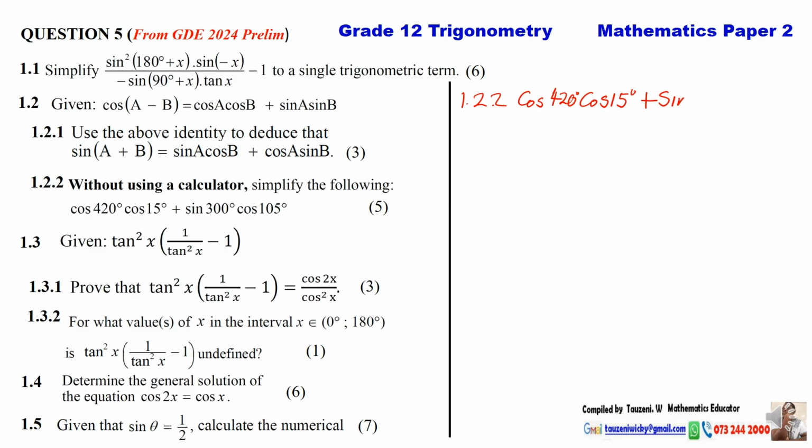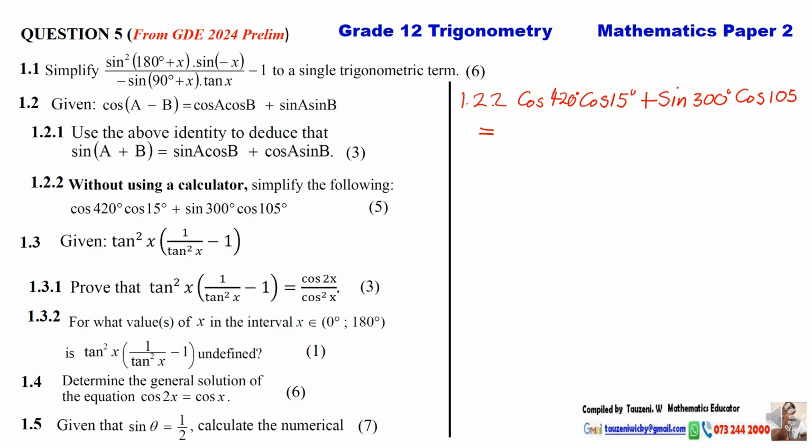So in number 1.2.1, we were proving the sine of a plus b given the cos of a minus b. Then in the next question, we have an expression that needs application of the same compound identities that we were working with in question number 1.2.1. That is something to look forward to. So let's have a look at what to do here.